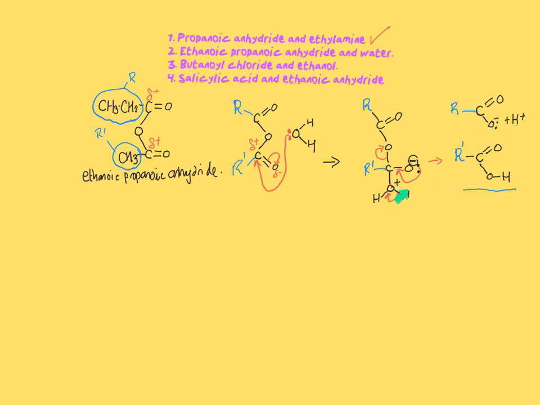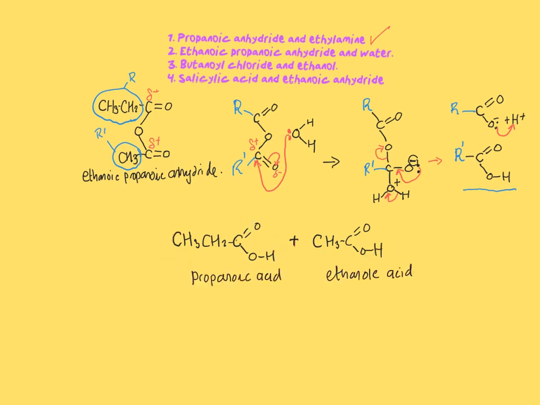The proton that's released from this intermediate is here, so that could be then attached to this carboxylic acid here. So all that remains is to now reinstate our R groups, and therefore the ethanoic propanoic anhydride, when hydrolyzed, broken up by water, breaks up back into its constituent carboxylic acids, ethanoic acid and propanoic acid.